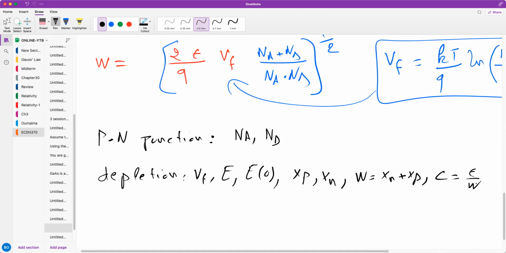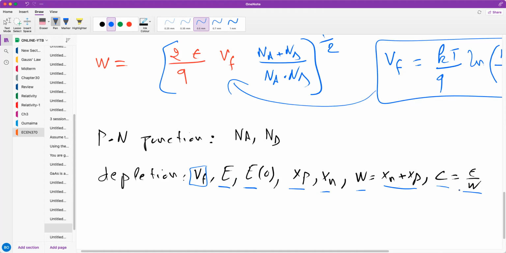So we will do some examples. Those are the most important parameters that I want you to know. Most of the time, those parameters you will be asked to calculate.